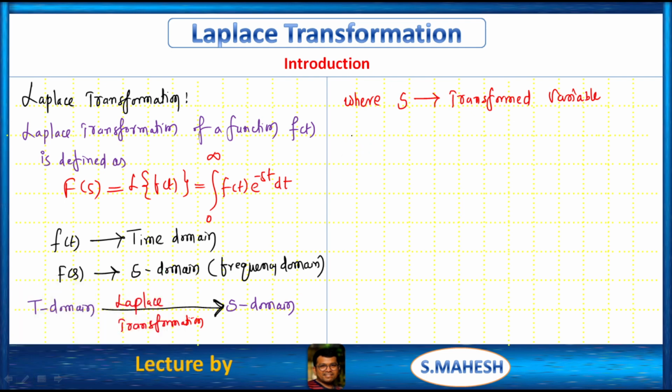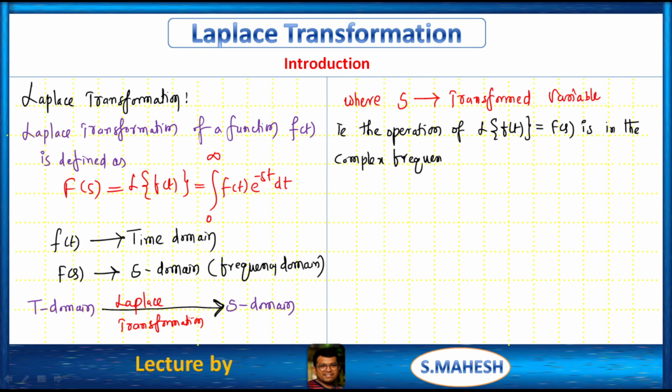Simply, the operation on f of t, which gives F of s, is in the complex frequency domain, or we can say the S domain.